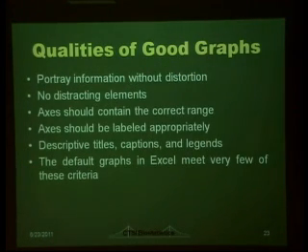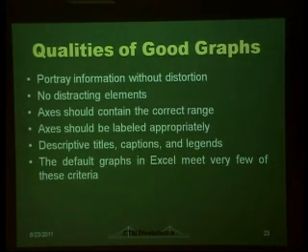Okay, so when we're creating a graph in Excel, and really any type of statistical graph, there are 6 different qualities that we look for. We want to be able to portray the information as it really is and not distort it to make it look like it's saying something that it's not. We don't want any distracting elements. For example, you don't want to put a whole bunch of wild colors in there that aren't needed. The axes should contain the correct range.